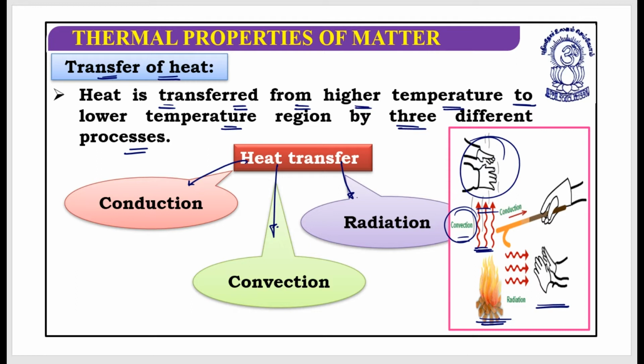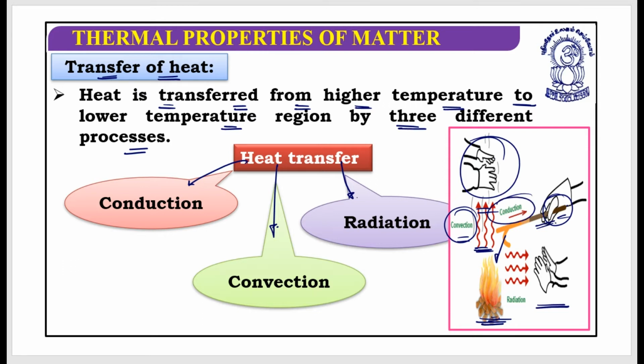Now let's suppose you have a stick in your hand, and you touch this stick to this flame. You will feel that this end of the stick, if it is made of a certain metallic element, is going to be heated.